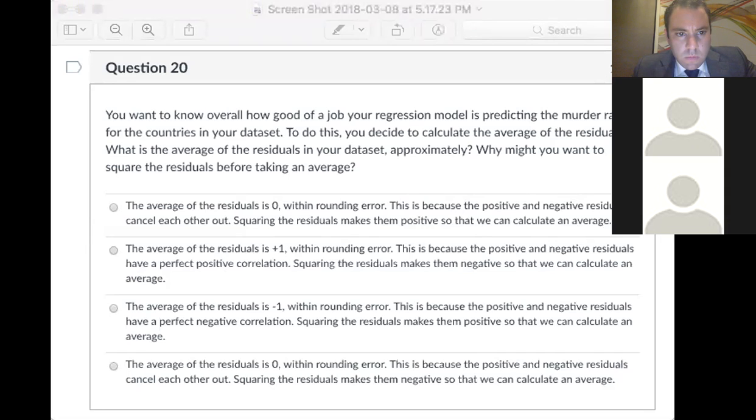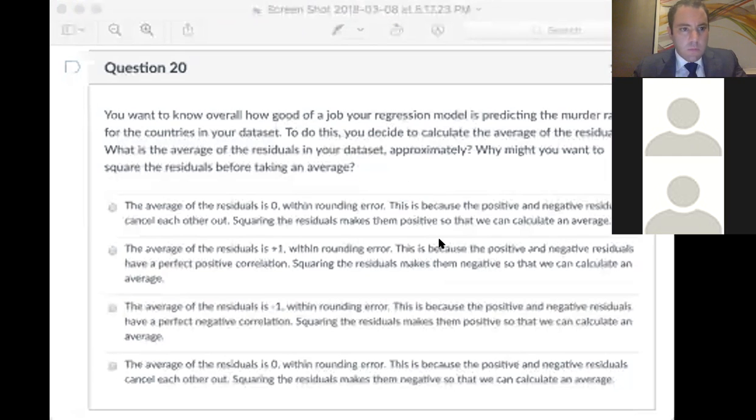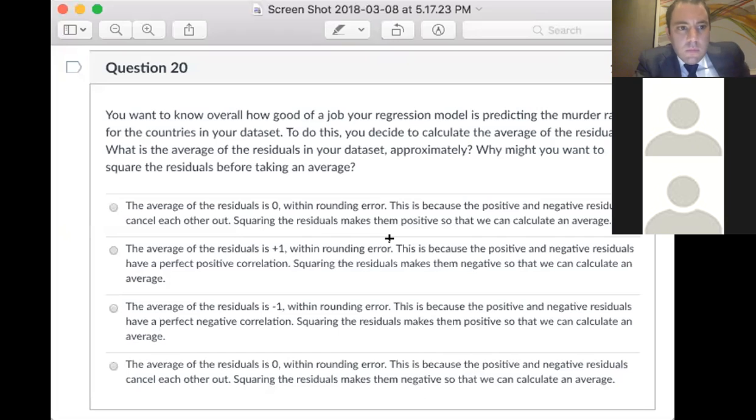But if you square them all, they'll all be positive, and you add them together and take an average of them, it's not going to be 0. It's going to be some positive number, right? So I didn't quite understand that. Do you understand that? Yeah, I do understand what you're saying.